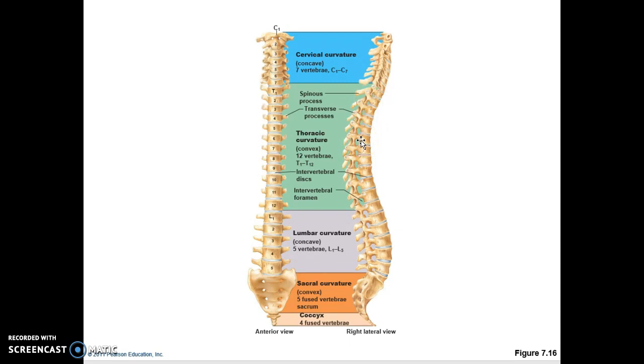some of that force. Now this also adds strength, because if your vertebral column looked straight up and down from the side and the front, it would be a little unstable.